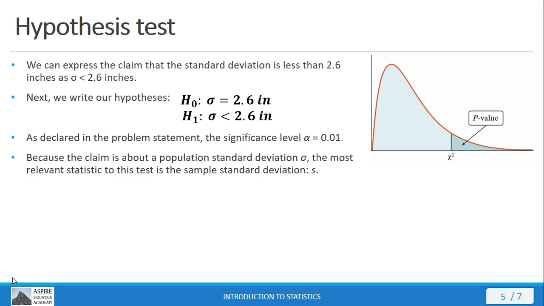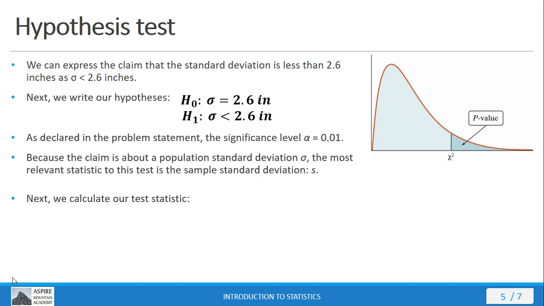And the variance is an unbiased estimator. We're going to do the same thing again here with hypothesis testing. We're going to go through the variance. And because we're going through the variance, which is an unbiased estimator, we can say, yes, go ahead and take our sample standard deviation as the most relevant statistic for our test on the population standard deviation.